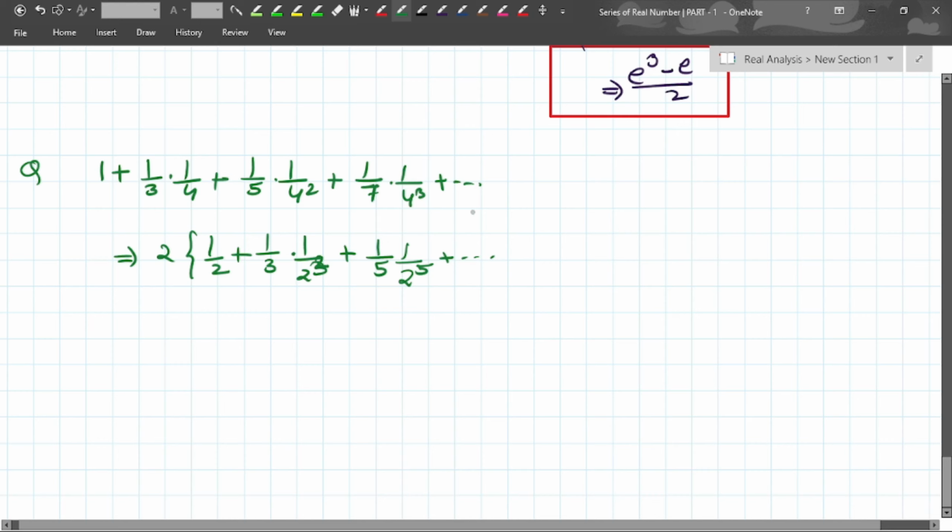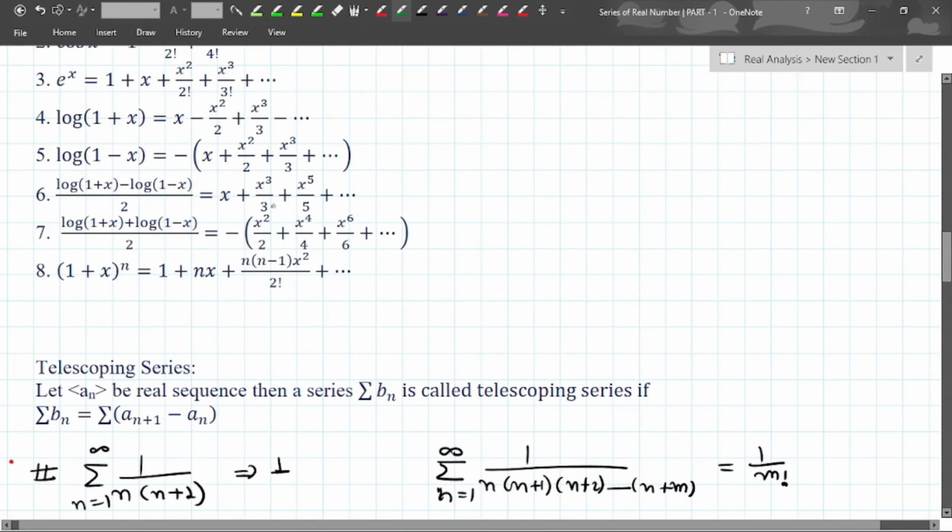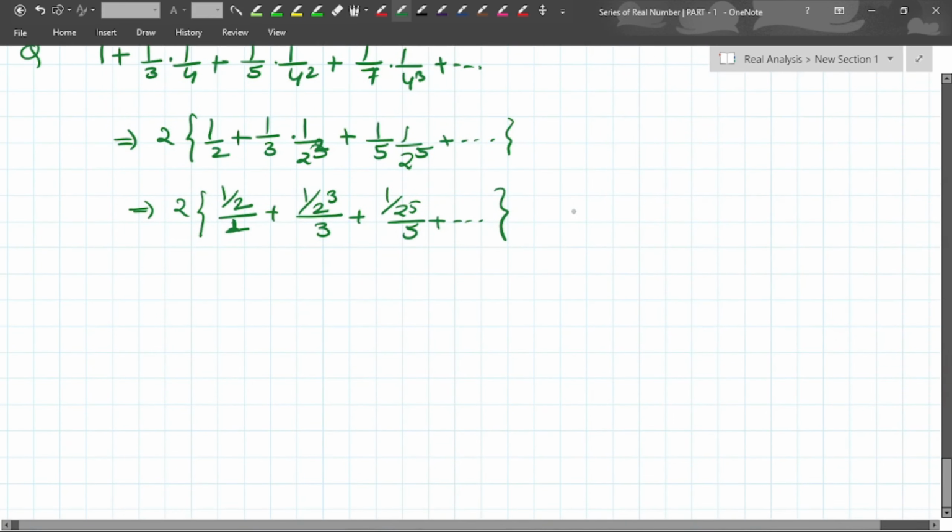So I'm getting 2 times (1 by 2 upon 1, plus 1 by 2 power 3 upon 3, plus 1 by 2 power 5 upon 5). Just see this: if you take 1 by 2, 1 by 3, 1 by 5, it is nothing but log of (1 plus x) by 2. It is log 1 plus x minus log 1 minus x, divided by 2. It is nothing but what?